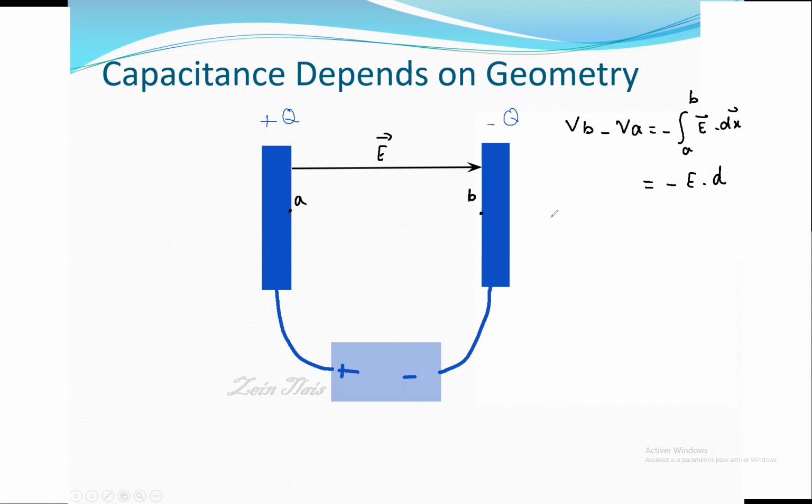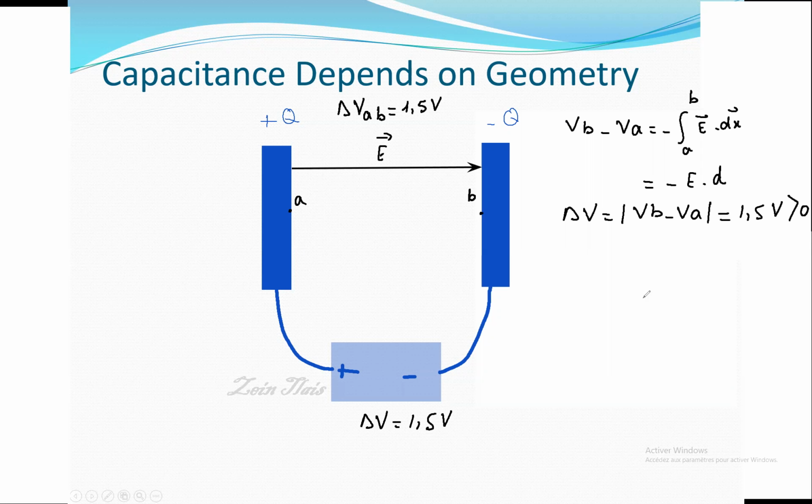We have, for example, delta V equal to 1.5 volt. So delta V between A and B, the absolute value of VB minus VA, equals 1.5 volt. It's a positive value.